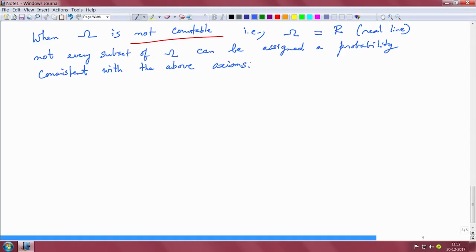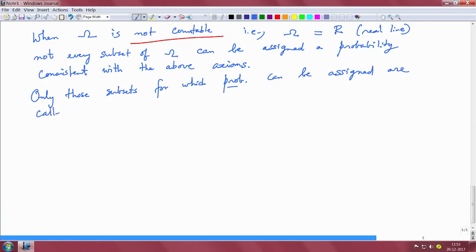We listed the axioms in the previous slide. Okay. So, only those subsets for which probability can be assigned are called events.